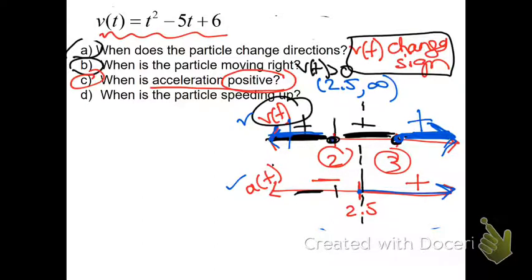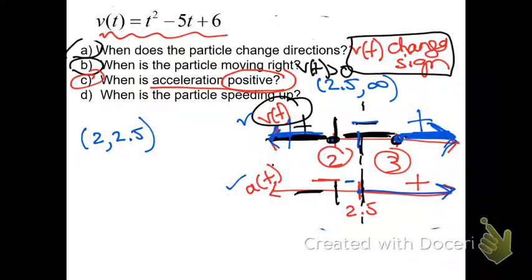Next, between 2 and 2.5, my velocity was negative and my acceleration is negative. Same sign means speeding up. So that's one of my answers, from 2 to 2.5.